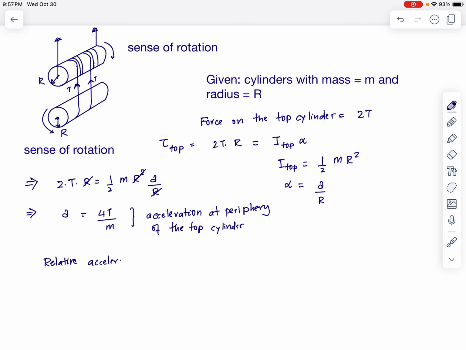So here the reference frame is fixed on the center of mass of the bottom cylinder.